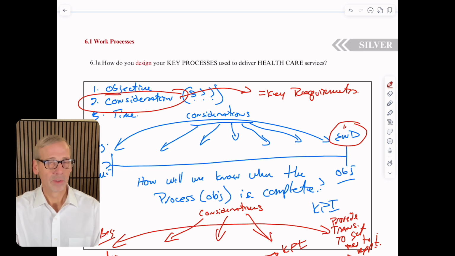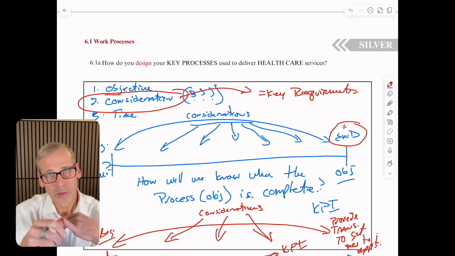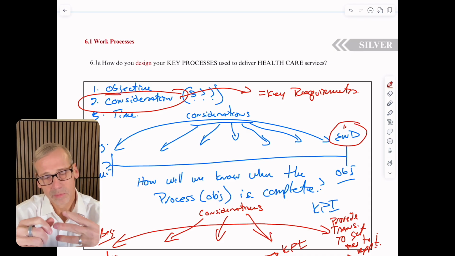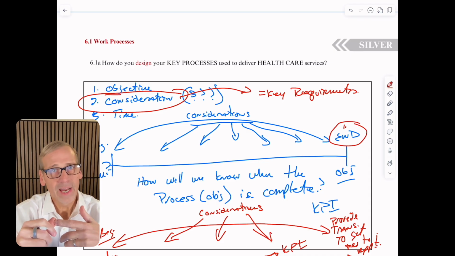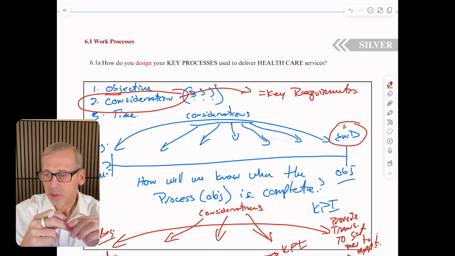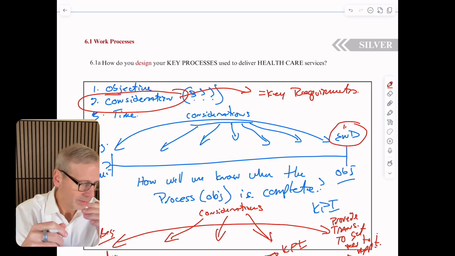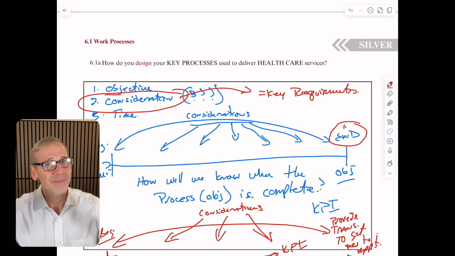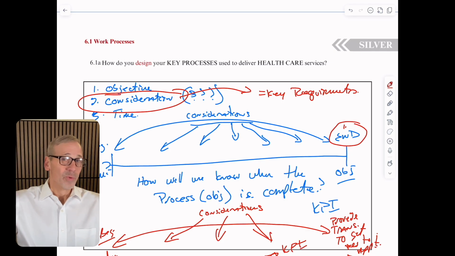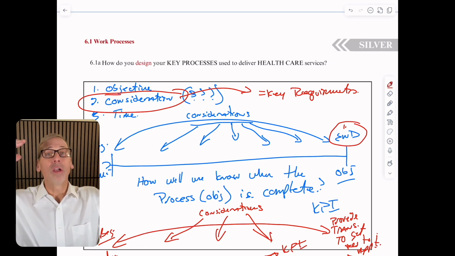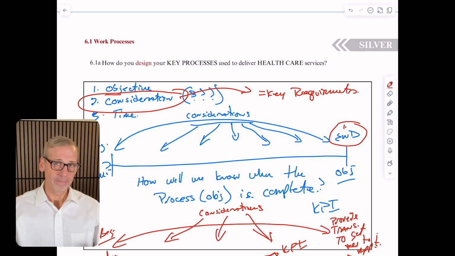Well, not everything. You have to consider the regulatory environment, the customer expectations, timing, financial restrictions or availability, training. You're going to have to consider equipment, supplies, durable, disposable. Like, you're going to take all of these things into consideration.